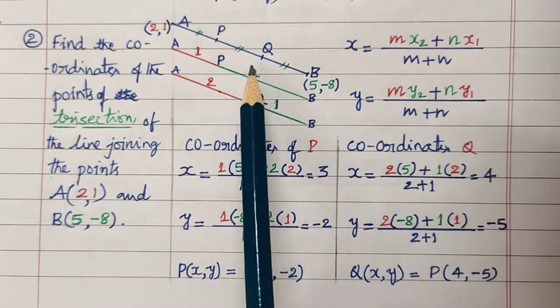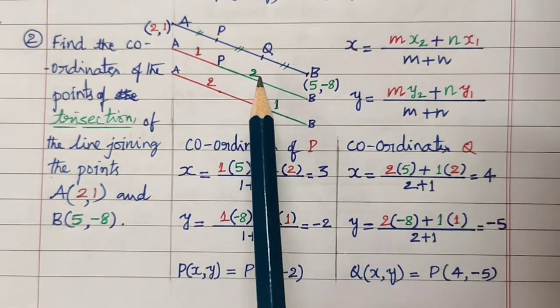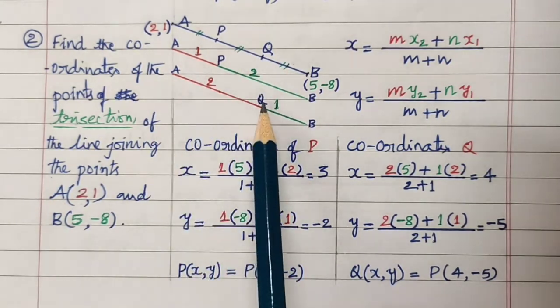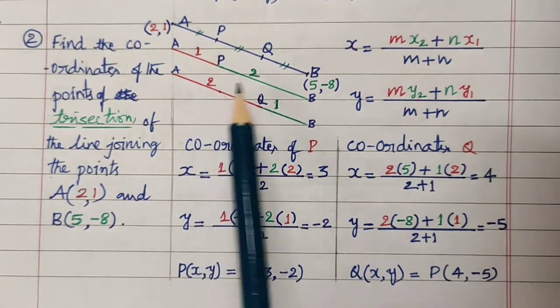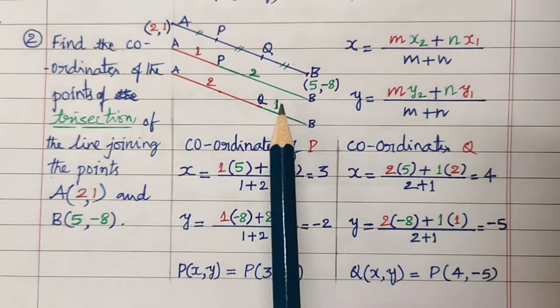M is 1, n is 1 plus 1, that is 2. In the second part, to find the coordinates of Q, 1 plus 1 is 2, and this is 1.